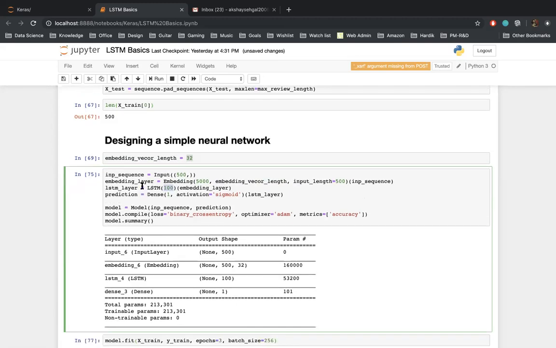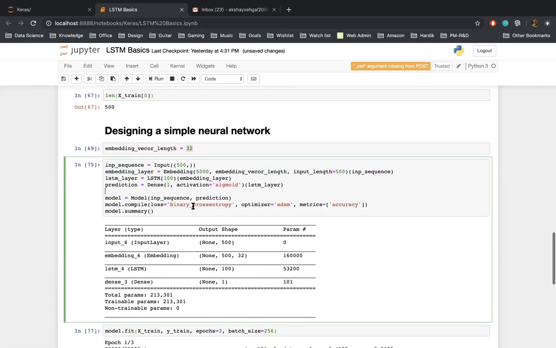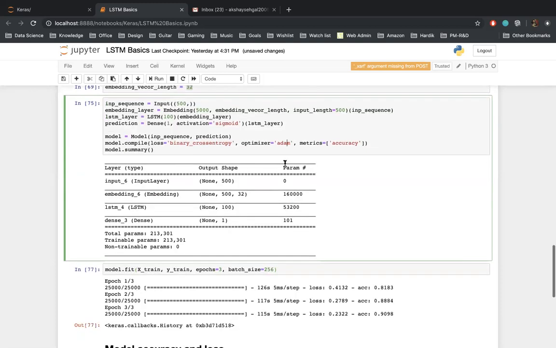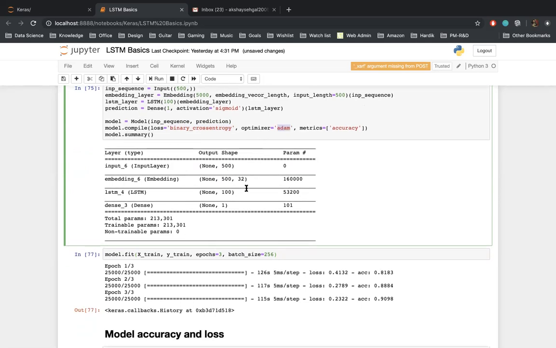You can then connect all of these LSTMs to a single prediction value, which is a sigmoid function activation, with a binary cross entropy loss and an Adam optimizer. So what you end up getting is that the architecture of the LSTM classification model looks something like this.